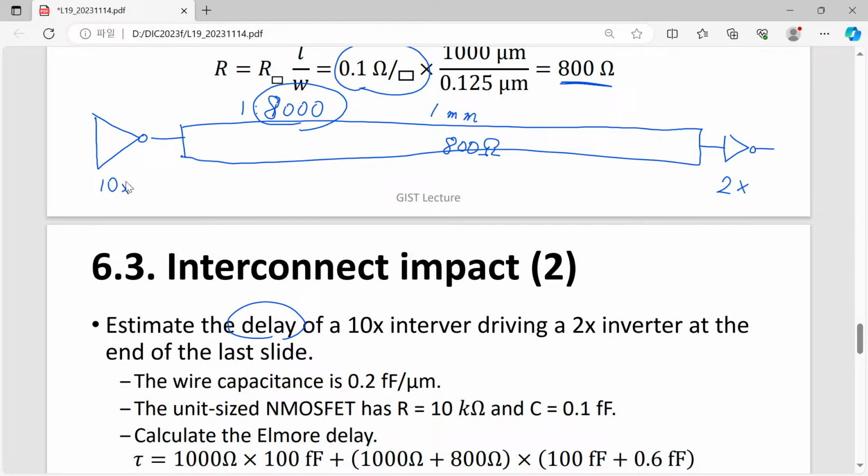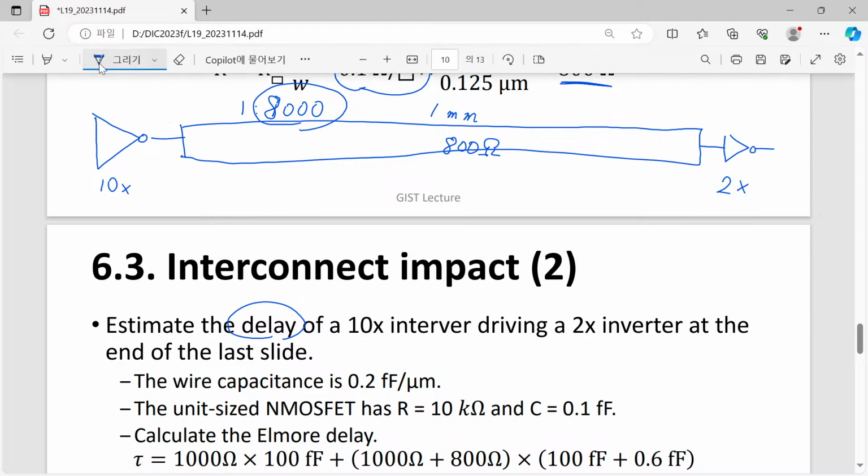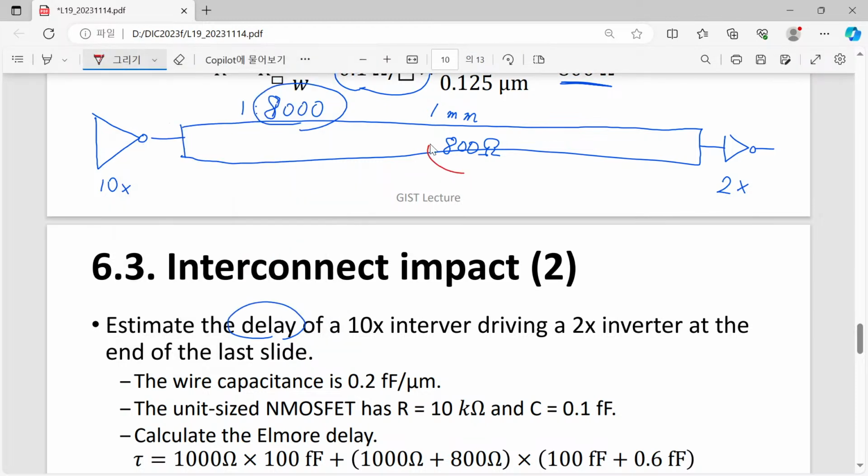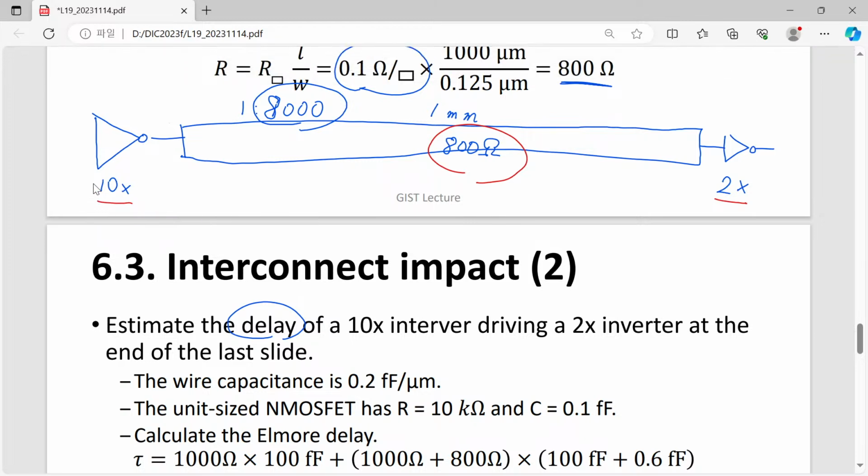If we neglect this metal wire, then everything is quite happy, because this is 10 and this is just 2. From the viewpoint of this 10 times wider inverter, this is not a heavy load, so this is a quite easy problem.